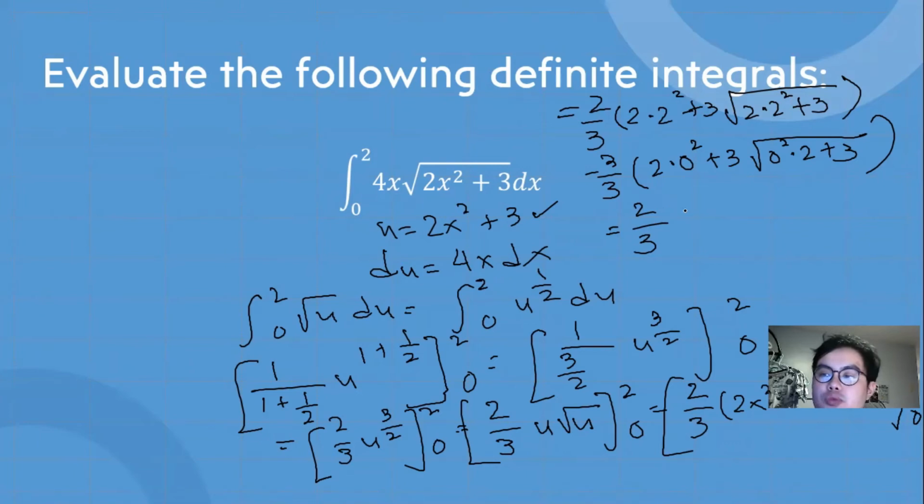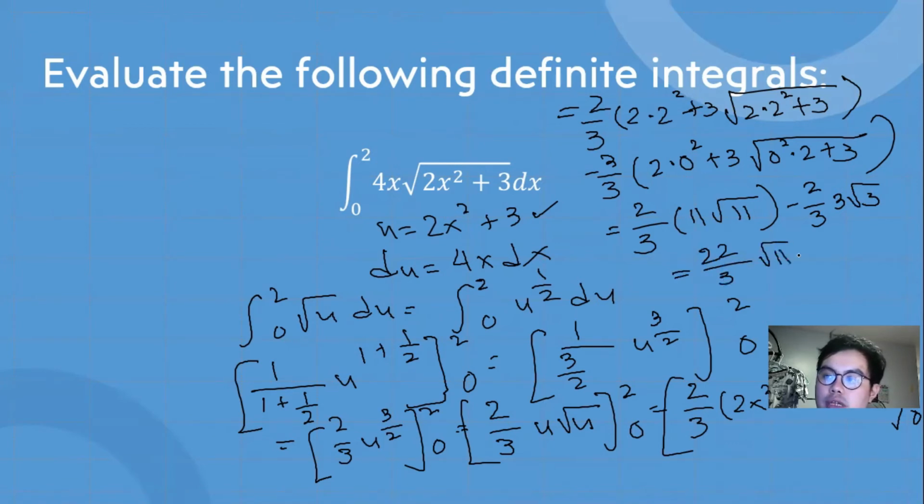So 8 plus 3 will be 11, square root of 11, then minus 2/3, tapos 3, then square root of 3. So it will become 22 over 3, then square root of 11 minus, ika-cancel natin, will become 2 square root of 3. So that is the answer for this definite integral.